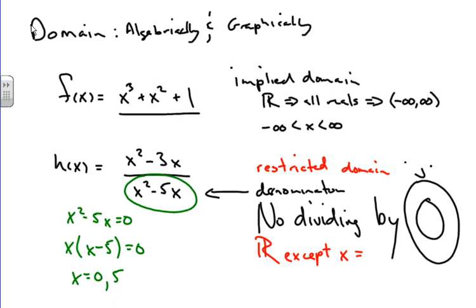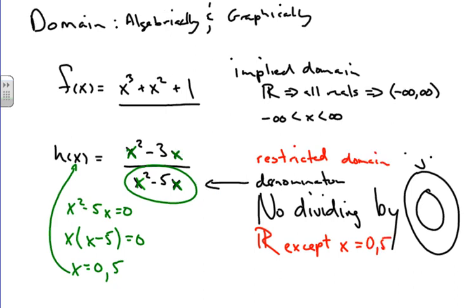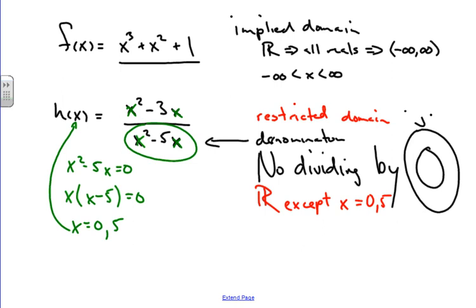When I plug them into each placeholder x, I realize that I will get 0 in the denominator. So because I get 0 in the denominator, this is all reals except x equaling 0 and 5. And that is its domain. Whenever we see the denominator, find the zeros, then that's what x cannot be.